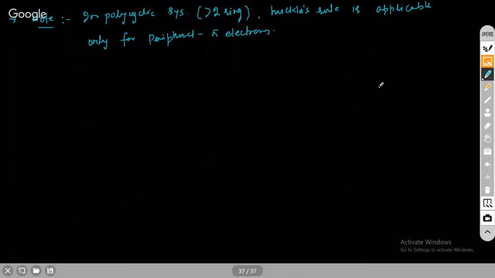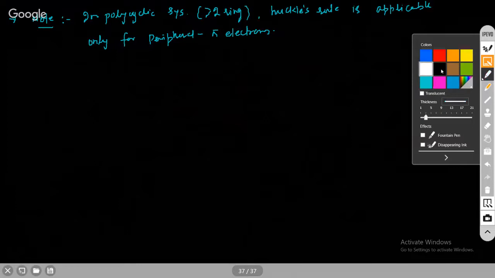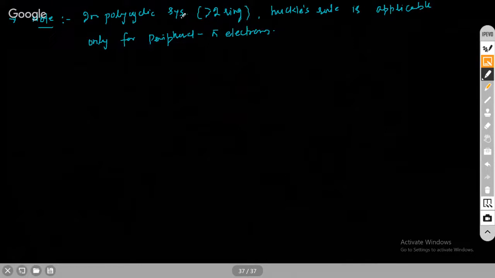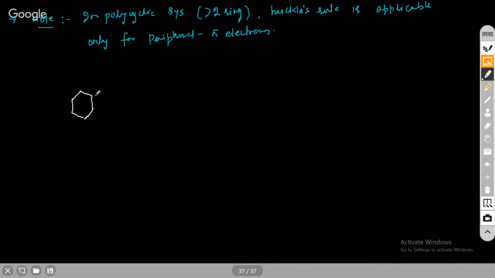Let me take one example. This you must keep in mind: this is when we have more than two rings. Now you see this molecule. Double bond, double bond, double bond. We have alternate double bonds here.